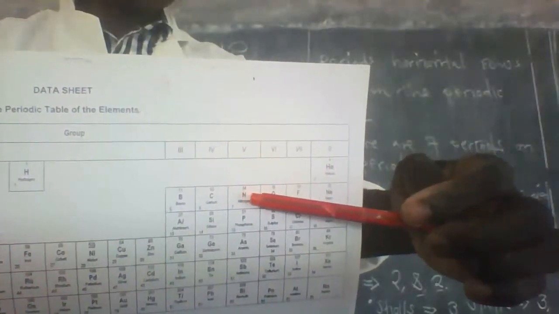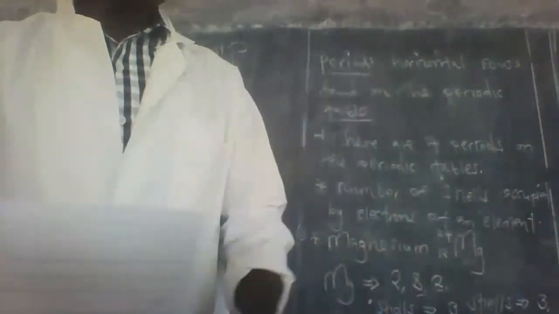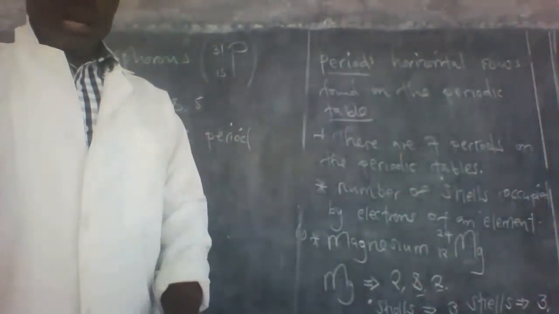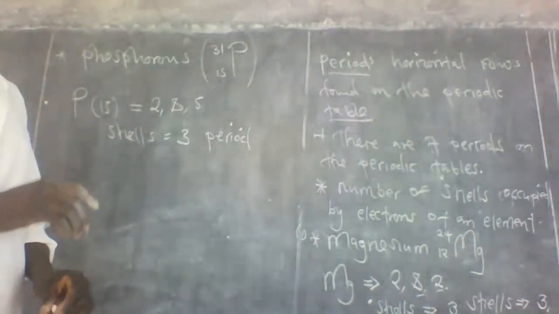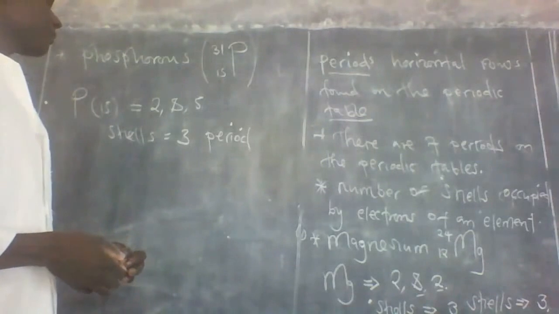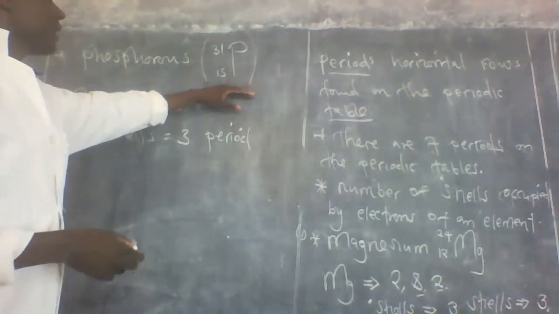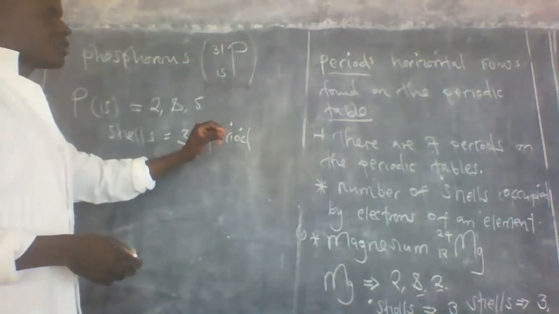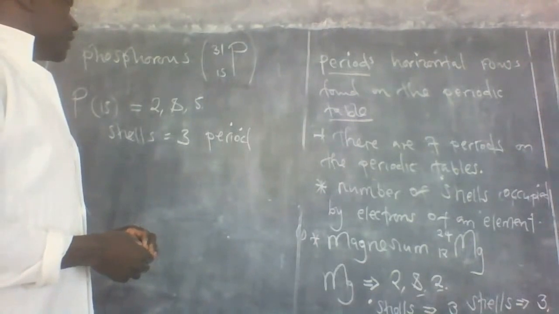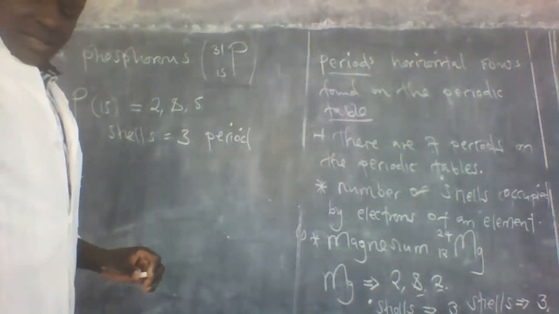The second period here, we've got nitrogen. Then the third one, that's where you find phosphorus. That is how we can confirm that the number of shells that are occupied by electrons in that element determine the period where it is found.